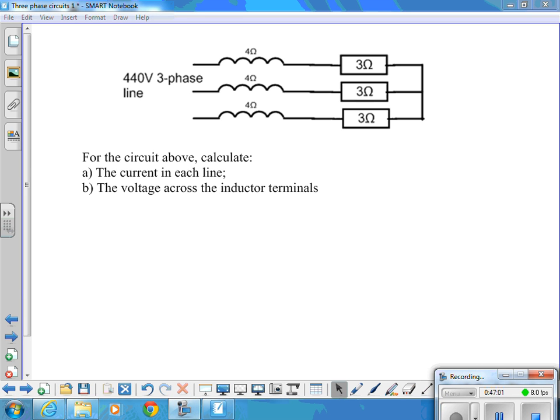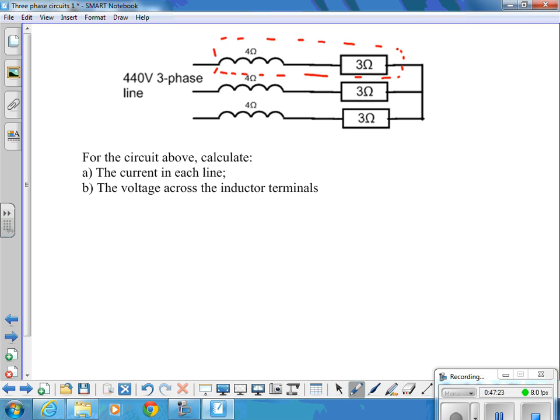It's 3 impedances now. How can we turn one of these?